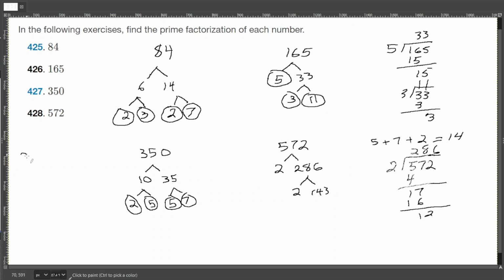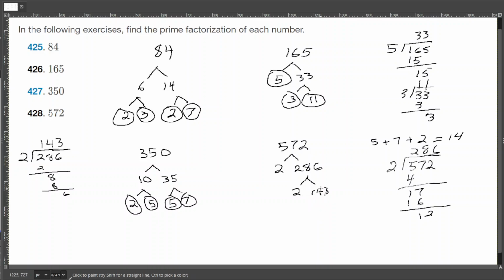So 2 into 286. 1, right, fits in twice. Bring down the 8, it's 4, right? 4 times 2 is 8. Bring down the 6, 3. So 143. Now, can we break down 143?